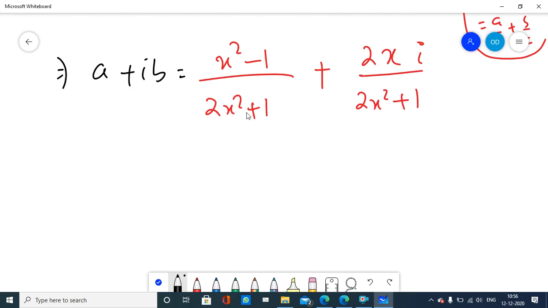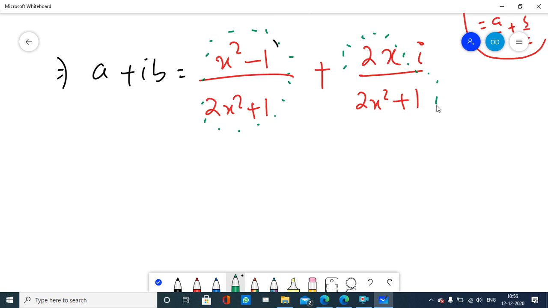Now, what do we have here? On the right hand side we have a complex number in its standard form. Isn't x squared minus 1 by 2x squared plus 1 a real number? Is there any i in it? No. It is a real number.